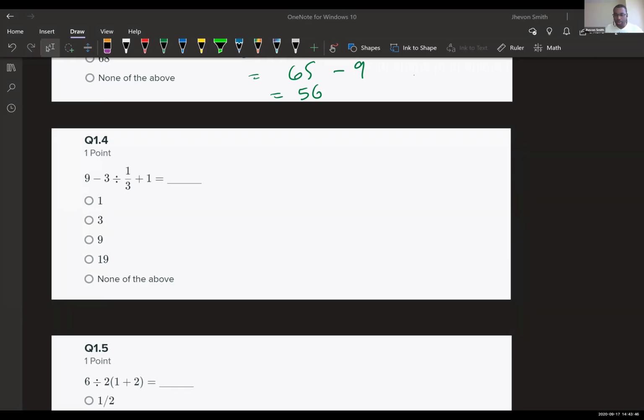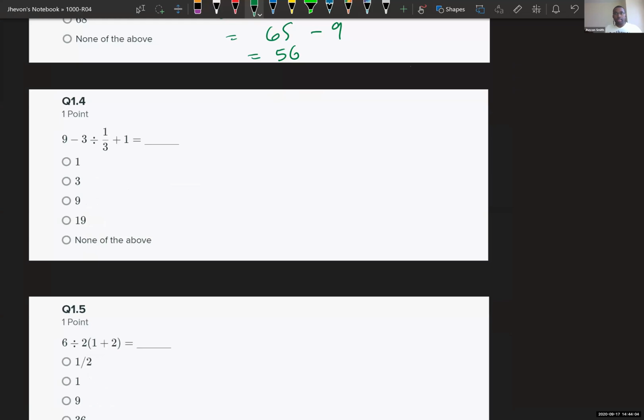You see that the majority believe that it's A, but that's only actually 72%. We have 28% believing that the answer is C. So the majority of people believe that the answer is 1. Let's actually see. So according to PEMDAS, what should happen first?